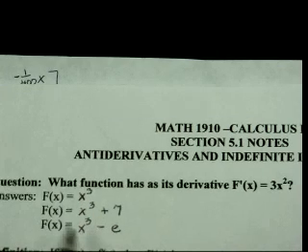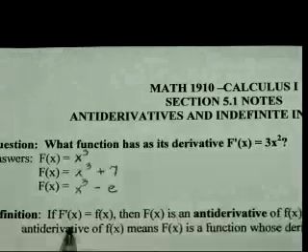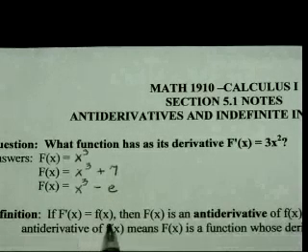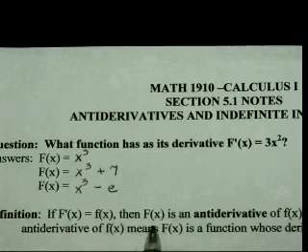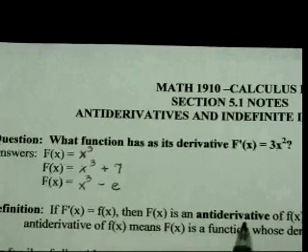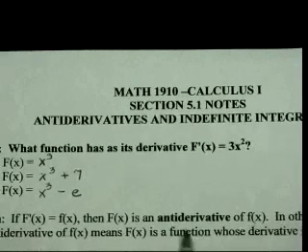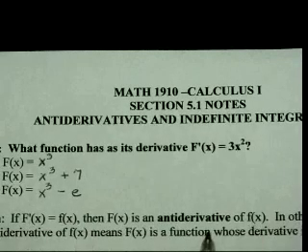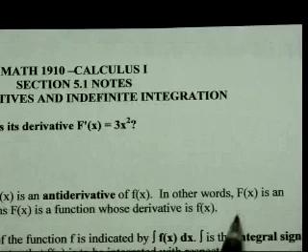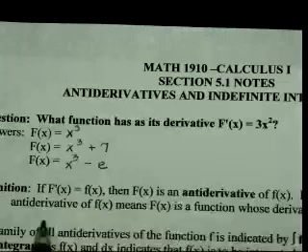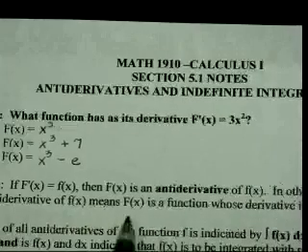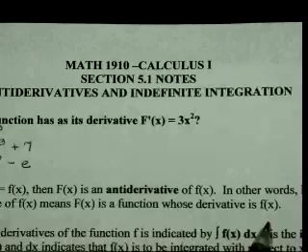So if capital F prime of x gives you some little f of x, then capital F of x is called an antiderivative of little f of x. Now, I have to read that several times, but it's actually the next sentence that makes sense to me. In other words, capital F of x is an antiderivative of little f of x means that capital F of x is a function whose derivative gives you little f of x.